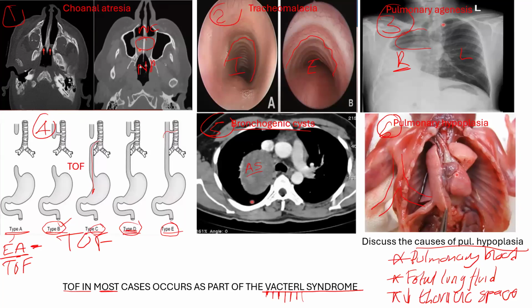Now imagine any event which might injure or occlude the vessel that is to supply that part of the lung, or cause this vessel not to form. If the vessel does not form, the lung tissue which was to be fed by that vessel also won't form. So you'll have pulmonary hypoplasia.